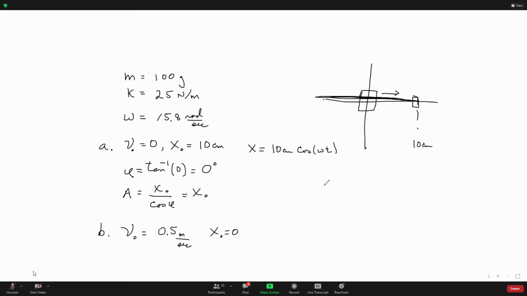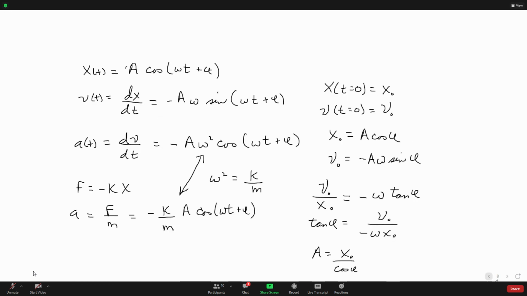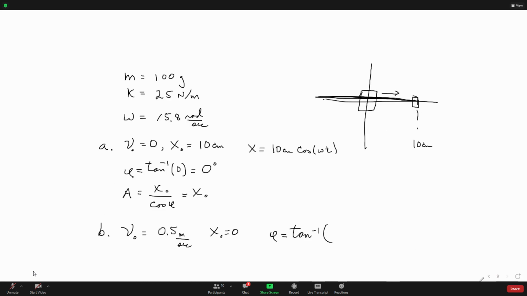So let's figure out what phi and A are. So phi is equal to the arctangent of v0 over minus omega x0. That's basically infinity.